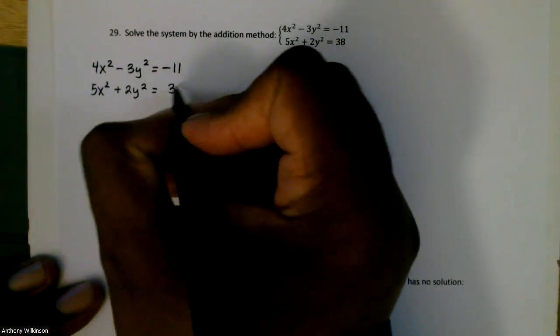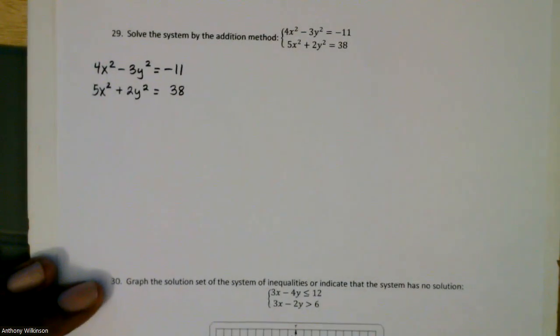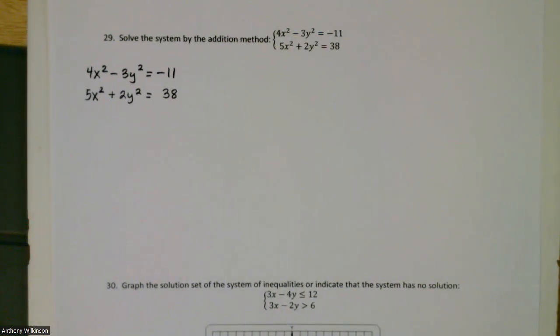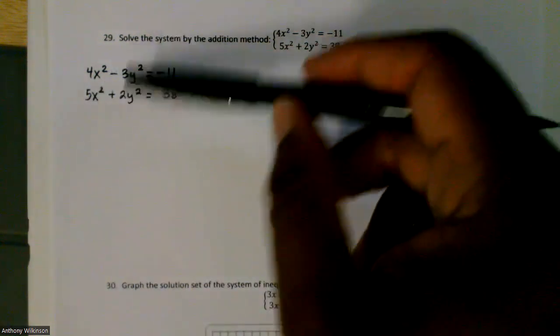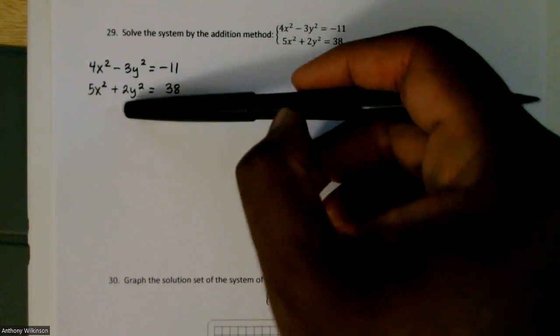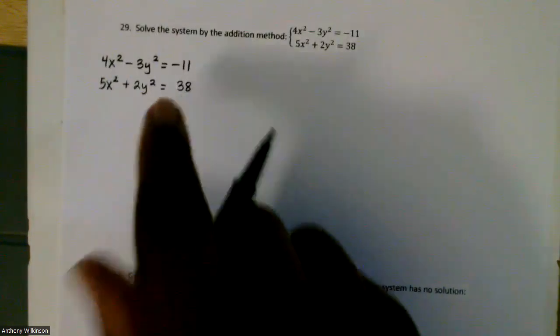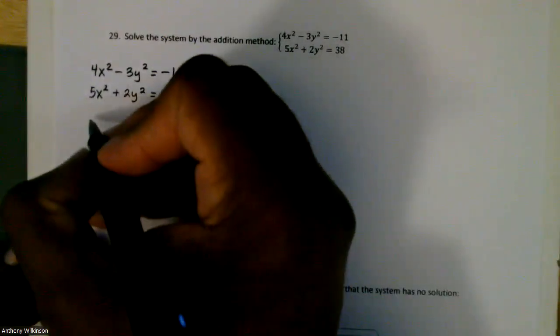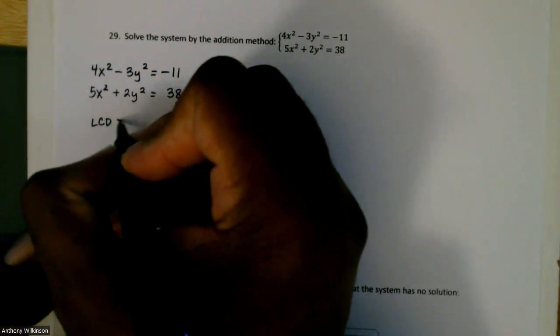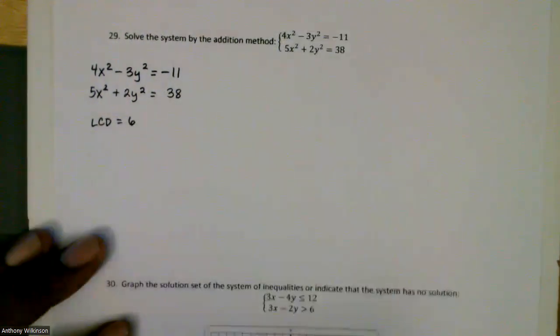is equal to 38. All right, I need to multiply both equations by some numbers so that way I can eliminate either the x or the y. Let's try to eliminate the y since I got one negative and the other one is positive. Now, let's find the LCD of 3 and 2. That has to be 6.